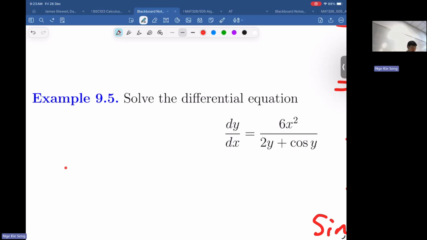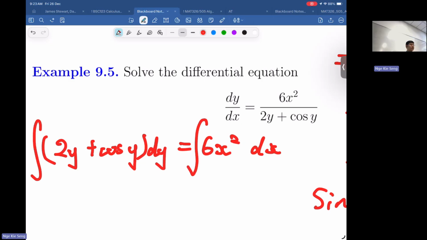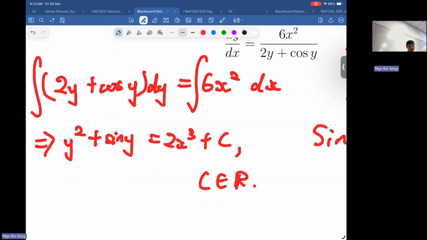You take all the y variables with dy to one side, and you move all the x variables with dx to the other side. Then you do integration on both sides. So you get y squared plus sine y equals 2x cubed plus c for some c. Yeah, very good.